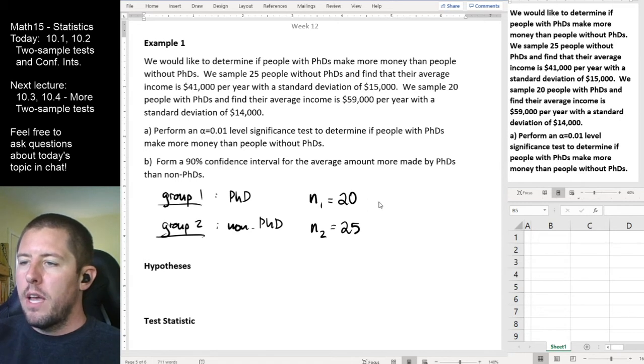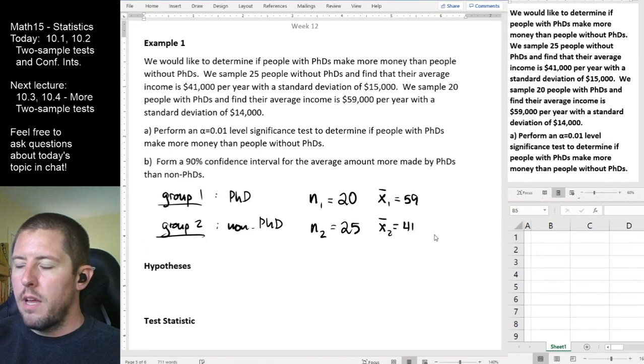It looks like we were given a sample average for the with PhD grouping. So the with PhDs, their average income was $59,000 per year. And by the way, I'm just going to abbreviate this all to being measured in thousands here to save a little bit of room. And our sample for the people without PhDs was $41,000 per year.